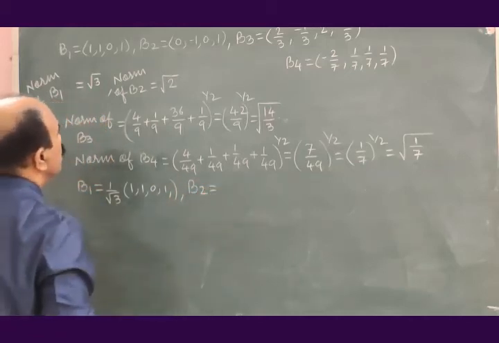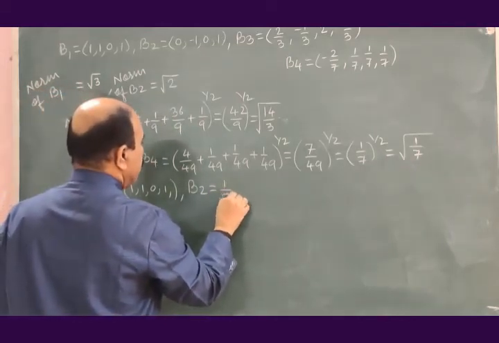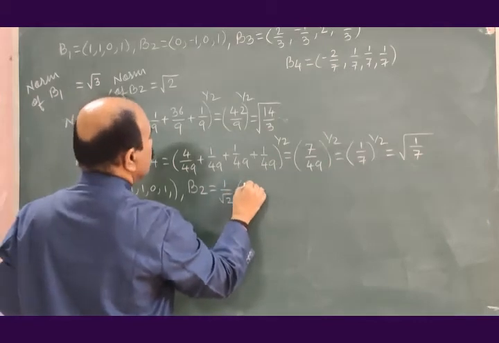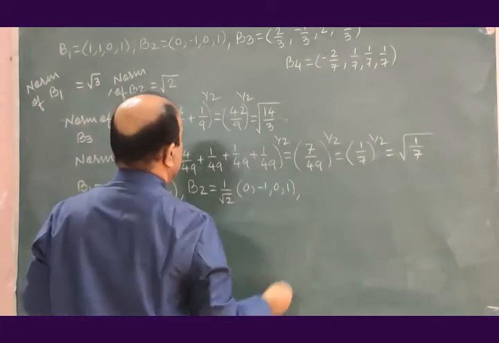B2 will be equal to B2 divided by its norm, that is 1 divided by square root of 2 into (0, minus 1, 0, 1).